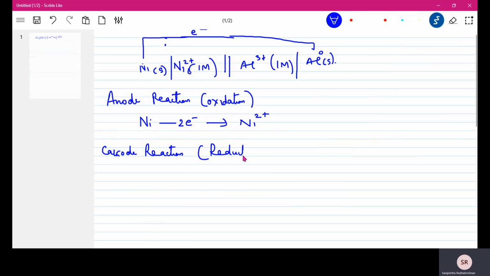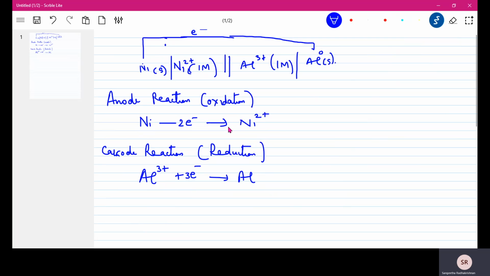That means your aluminum 3 plus should gain 3 electrons, isn't it? 3 positive, 3 negative, so it will get cancelled and you will get Al. Understood? So this is what is happening. Nickel is losing 2 electrons to form nickel 2 plus. Aluminum 3 plus is gaining 3 electrons to form aluminum 0. Then you add the 2 reactions.